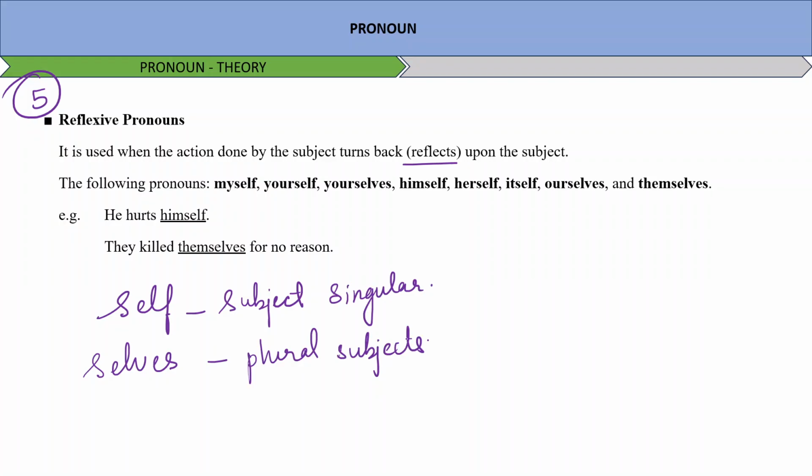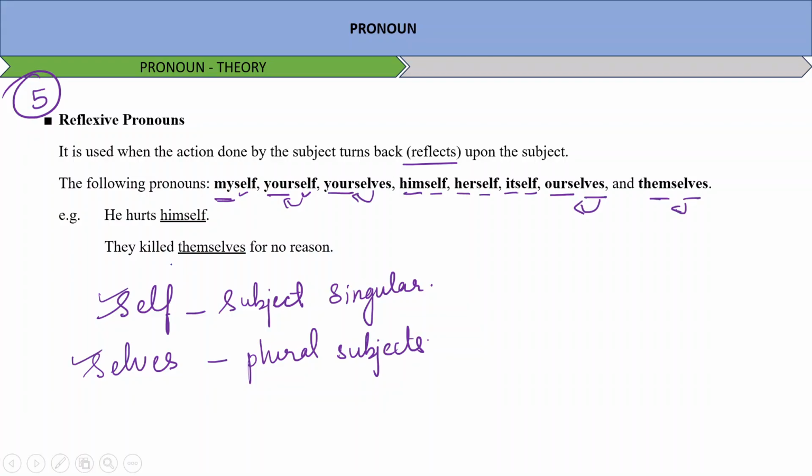Myself, yourself, used for a singular subject. Yourselves, used for a plural subject. Himself, herself, itself, singular subject. Ourselves, themselves, plural subject. So for plural you will go with selves, and for singular you will go with self.